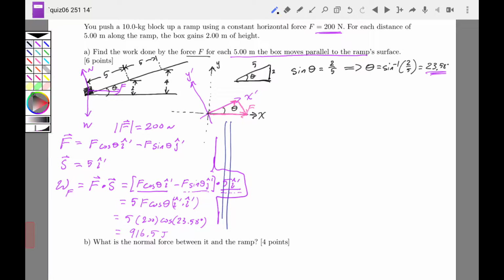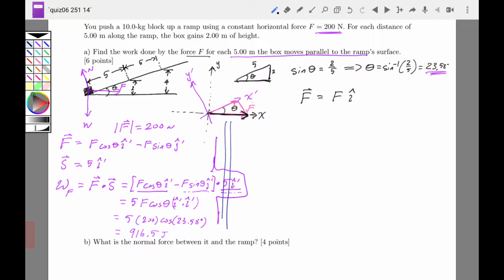Okay, now in black, I'll do it with the unrotated coordinate system. The applied force in that case is simply F in the i hat direction. No primes, because we're using the normal x and y. And F is just strictly pointing along the x direction.